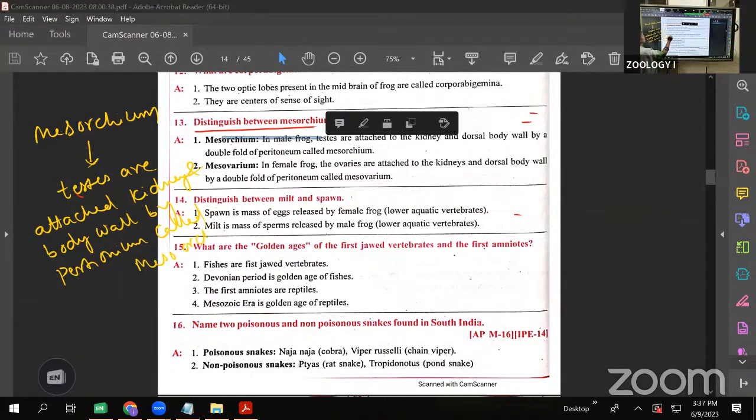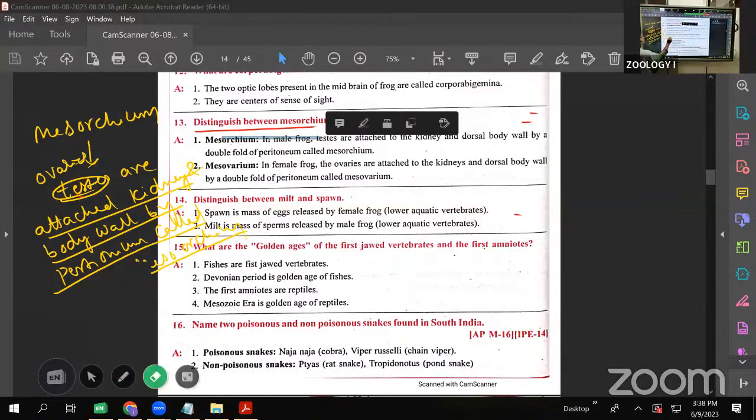What about the mesovarium? Instead of testes, we write ovaries. The ovaries in the female frog are attached to the kidneys and body wall by the peritoneum, called the mesovarium. Just change it here: instead of male frog, write female frog, and instead of ovaries, write testes.